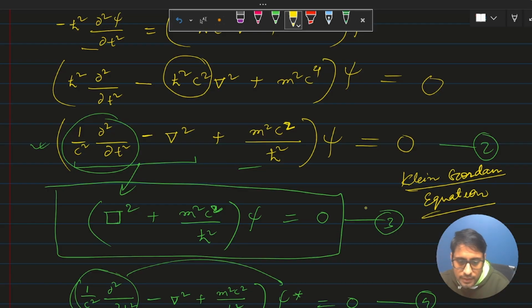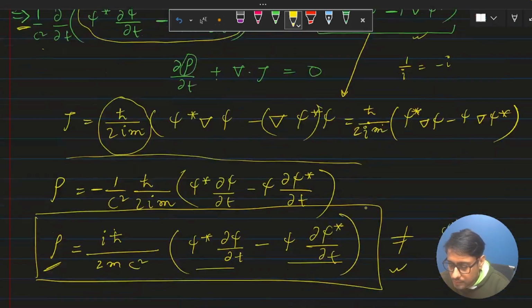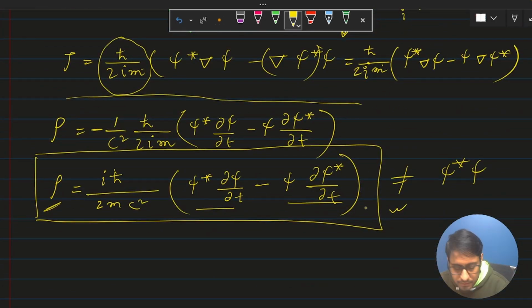So basically we are trying to find the solution from the Klein-Gordon equation, but we have derived it from the relativistic energy expression by replacing the energy E and the momentum P with the corresponding operators.